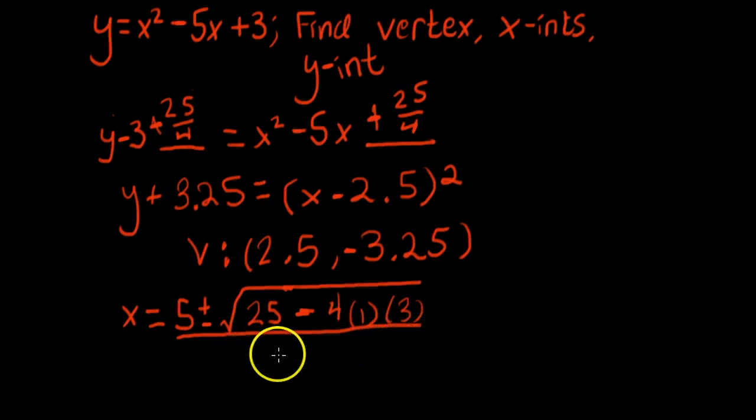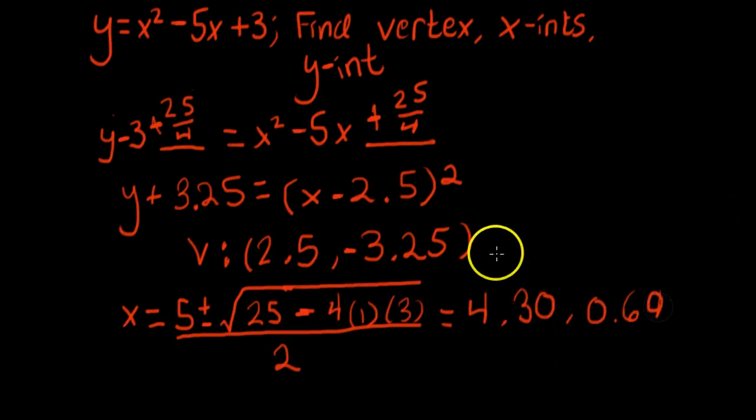So that's going to be just 2 times 1. And then multiplying and square rooting, doing all these operations, you're going to get x equals 4.30, or 0.69.